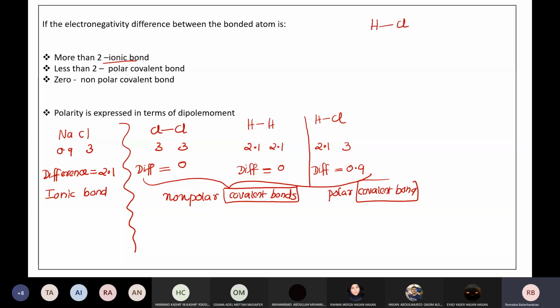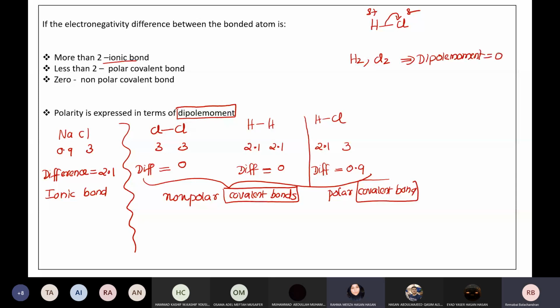So the meaning is, in HCl, the electrons go closer to Cl. Cl will get a little negative and H will get a little positive. The molecule is polar, and polarity is expressed in terms of dipole moment. In the first case, for Cl2 and H2, the dipole moment is 0, right? Why?